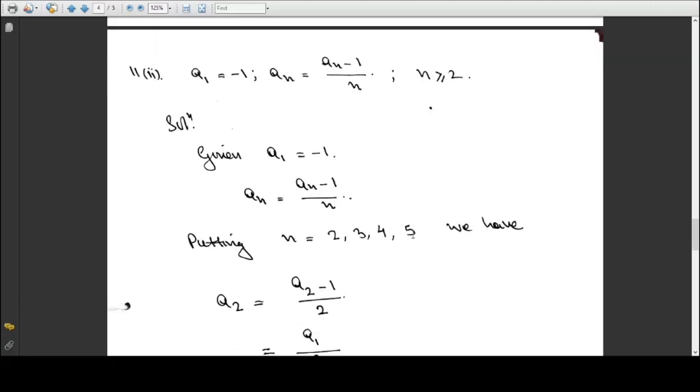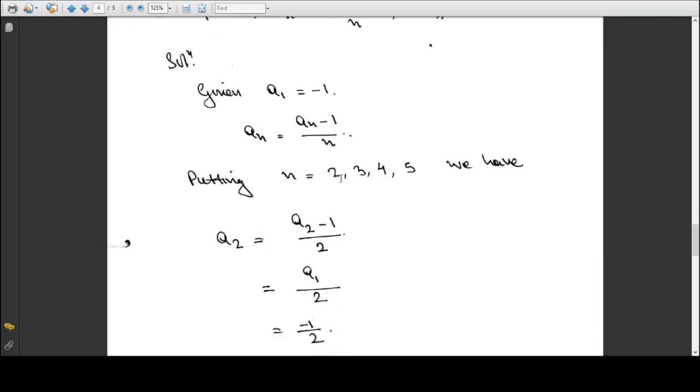If you need 6, you have to go up to 6. If you need 7, you have to go up to 7. According to what they ask in the question, accordingly you put the value of n. Here they need 5 terms, therefore 1, 2, 3, 4 terms plus the first term make 5 terms. Okay.